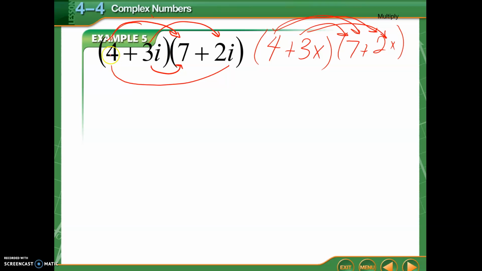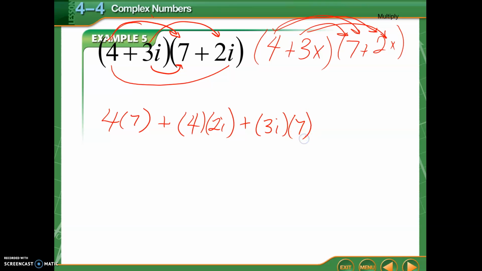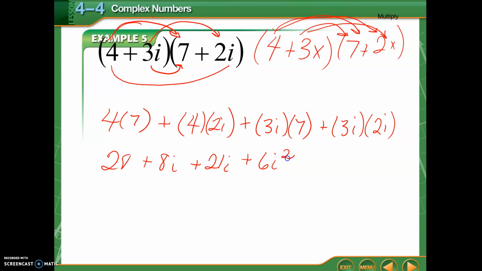So I'm going to go 4 times 7, 4 times 2i, and then I'm going to go 3i times 7 and 3i times 2i. So I get 28 plus 8i plus 21i plus 6i squared.